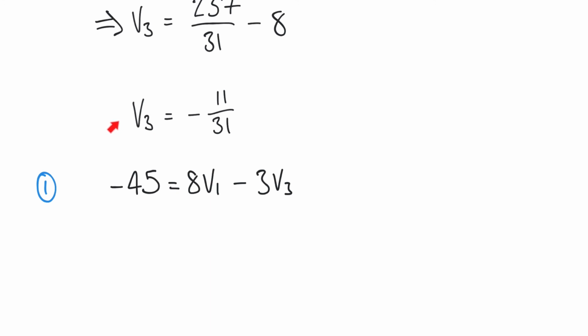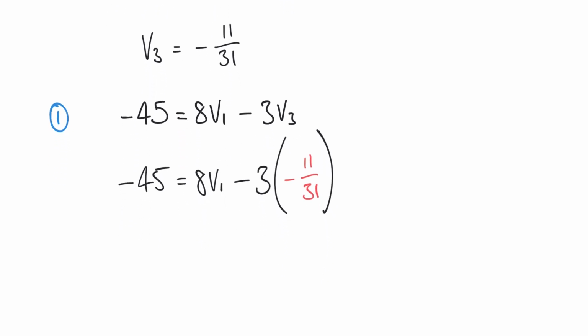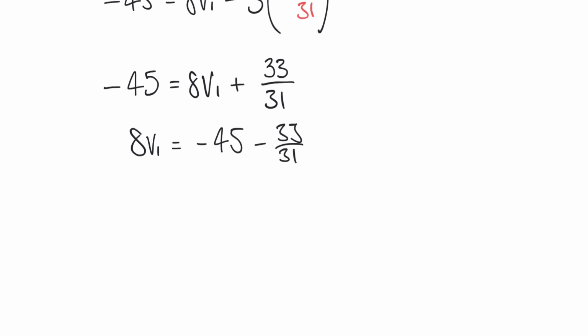Well, rather than V3, I know now that V3 is equal to minus 11 over 31. So let's put that in there. We can multiply that out. That's going to give us a double negative, which becomes a positive. And 3 times 11 over 31 is 33 over 31. And we can rearrange to say that 8V1 is minus 45 minus 33 over 31.